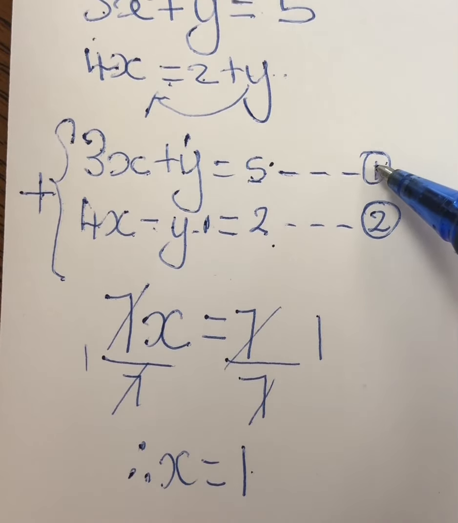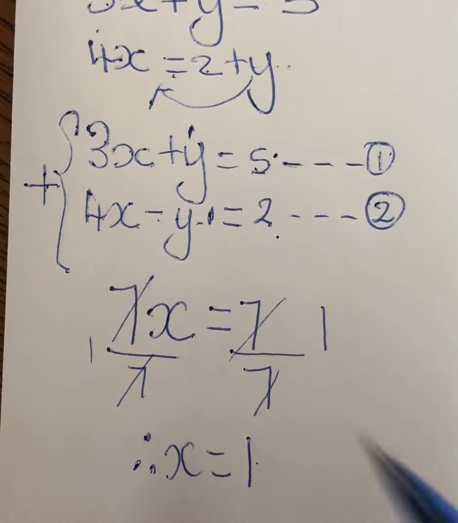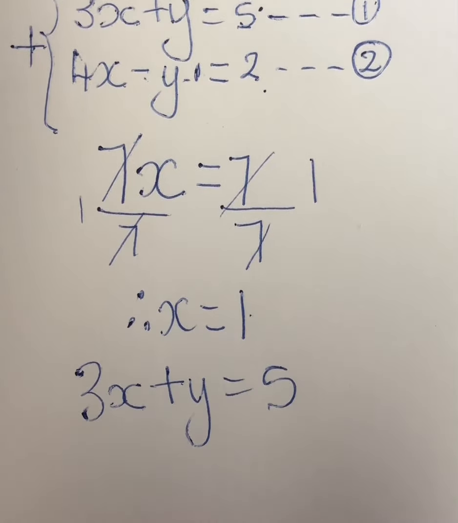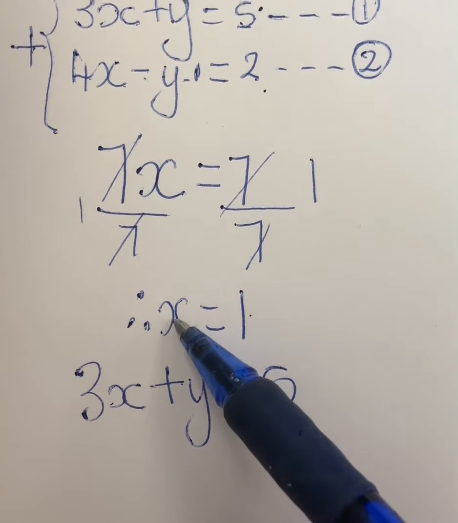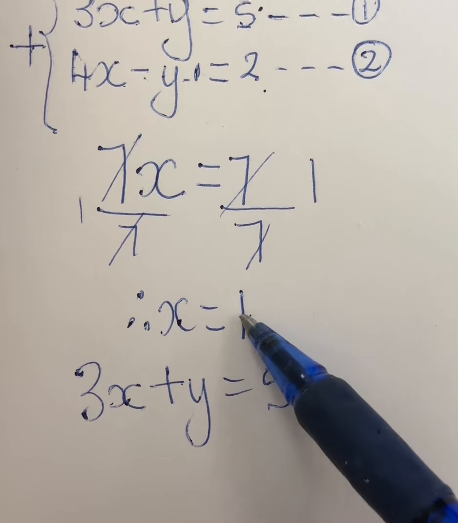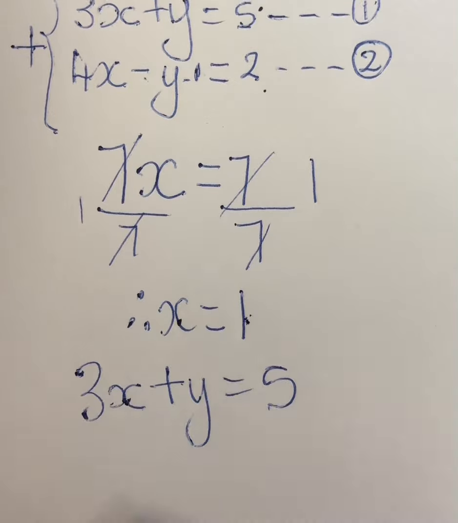If we are using equation 1, my equation 1 says 3x plus y is equal to 5, right? So this is what we do. Where we see x, we do not keep the x. We replace the x with 1.